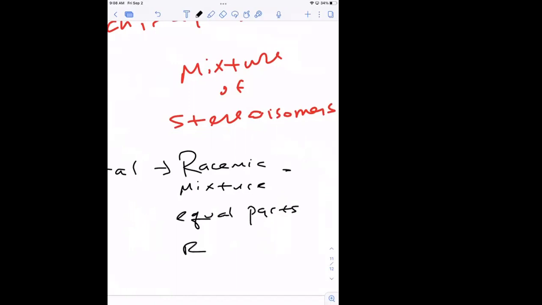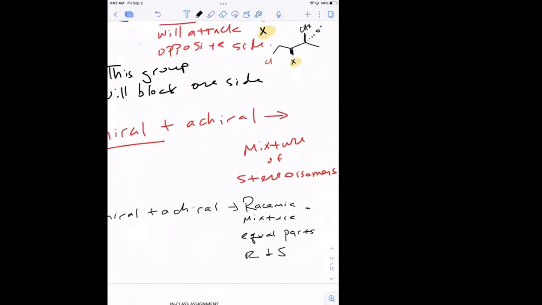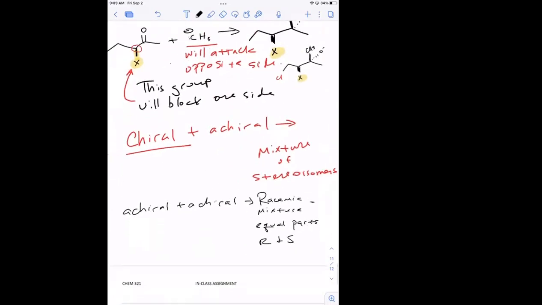Equal parts R and S. If you take two achiral things and react them together, and you're making stereoisomers, then since there's no bias and no way to differentiate the two pathways to get to R or S, you should get an equal mixture, right?